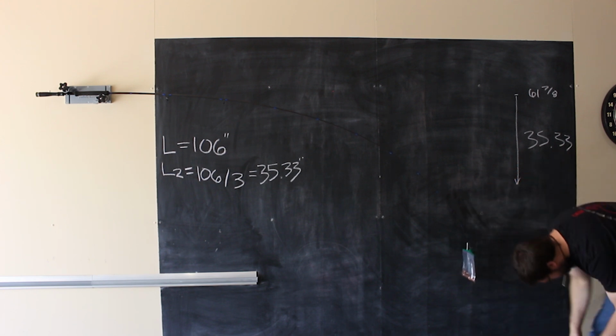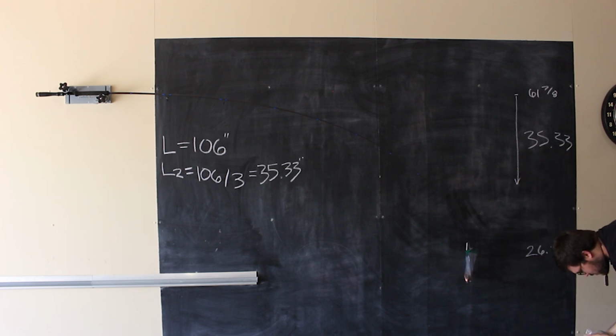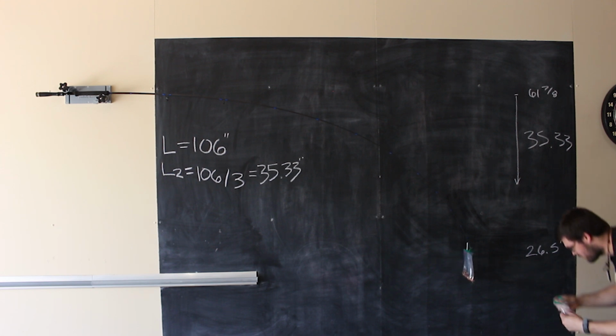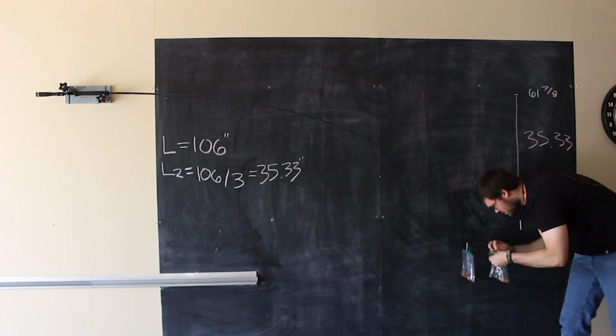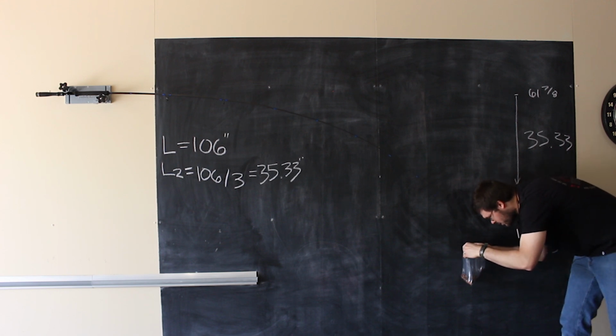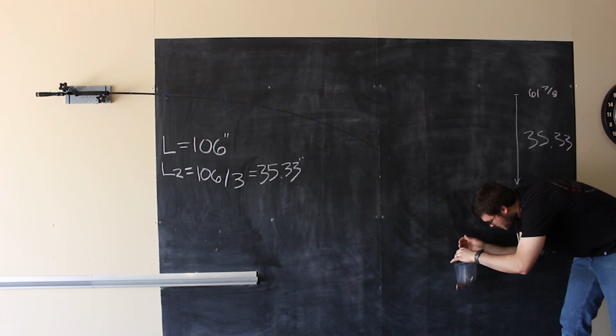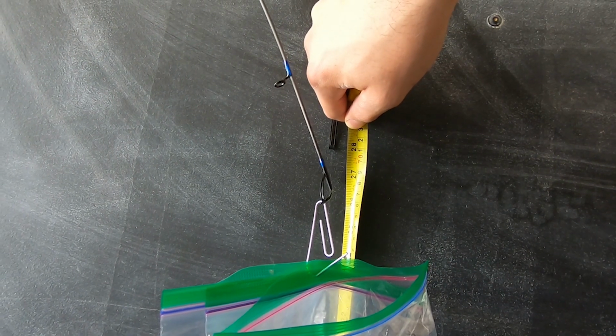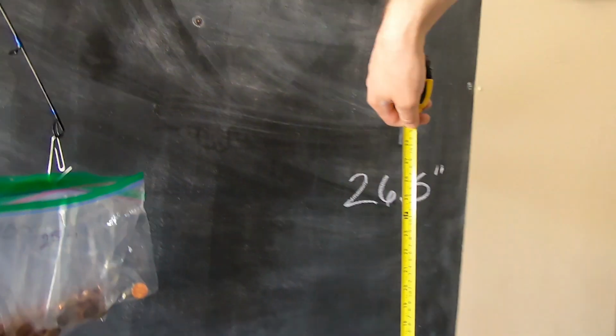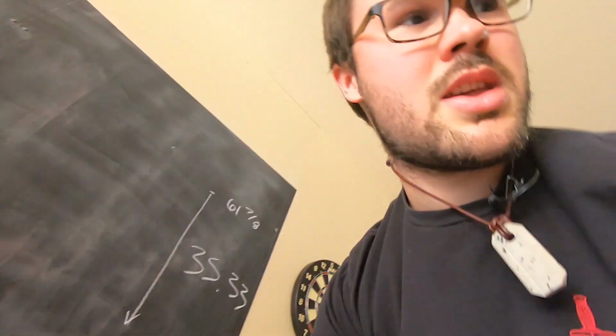We need a few more. We got 1, 2, 3, 4, 5, 6, 7, 8, 9, 10. So this will be 135 pennies. I think we should back it off 1 or 2. We'll go like 133-ish. 133 pennies is what it took.